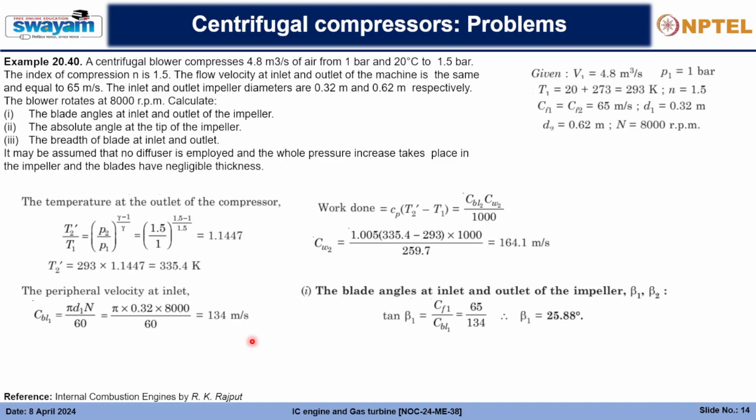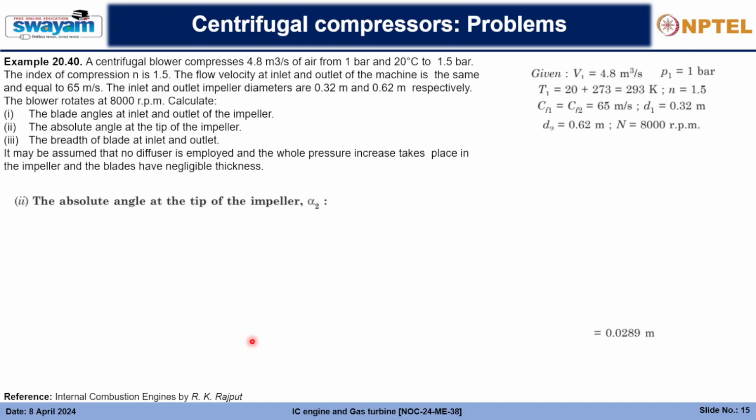For the blade angle at the inlet, tan beta 1 equals CF1 divided by CBL1, which is 65 by 134, so beta 1 equals 25.88 degree. Then tan beta 2, for the outlet, is CF2 divided by CBL2 minus CW2, and that will give beta 2 equals 34.2 degree at the outlet.